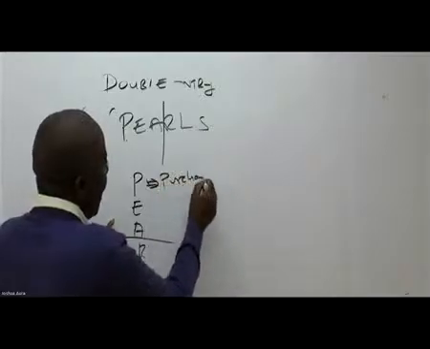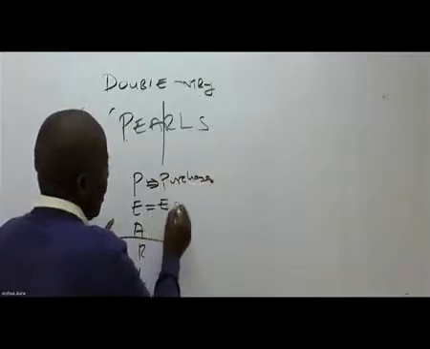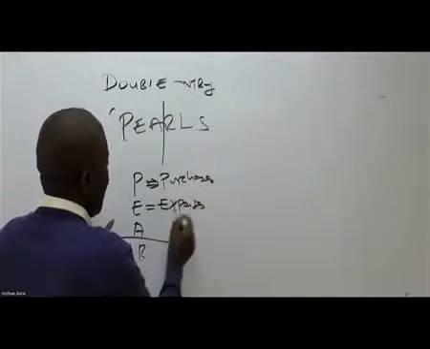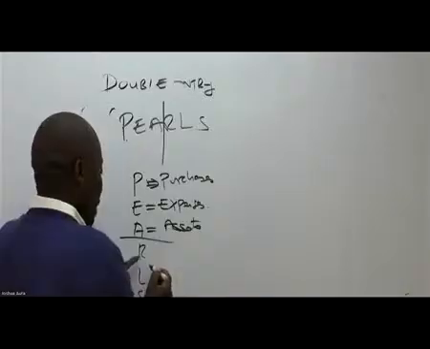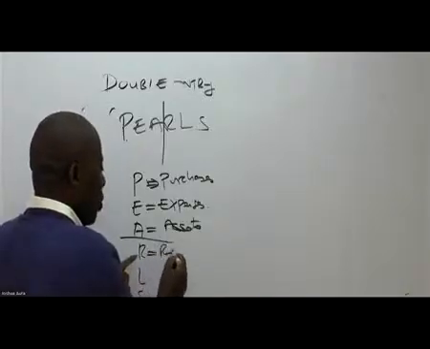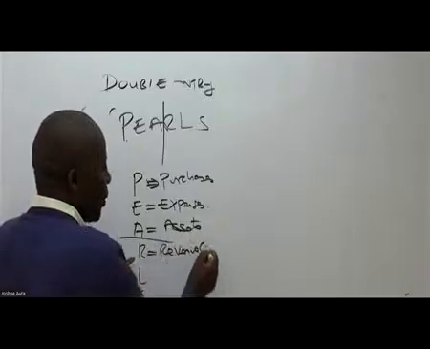This P stands for purchases, this E stands for expenses, this A stands for assets, and this R stands for revenue. Revenue is sales revenue.